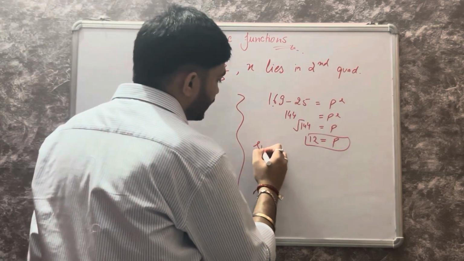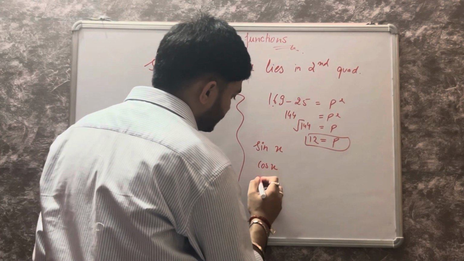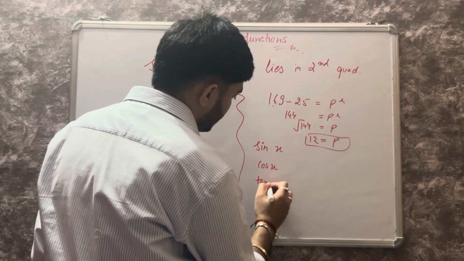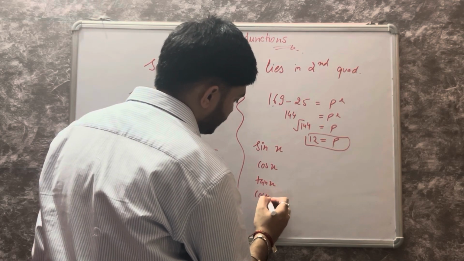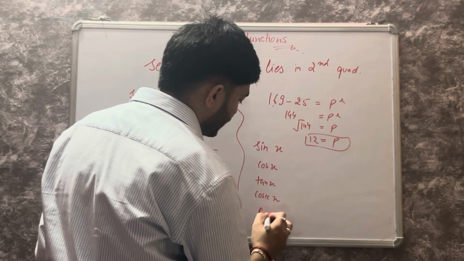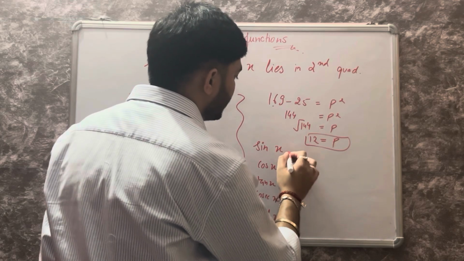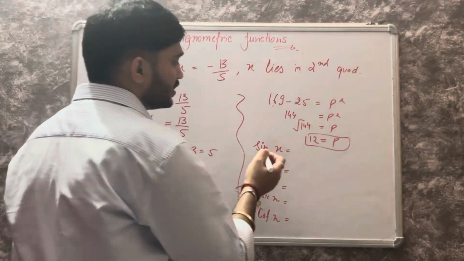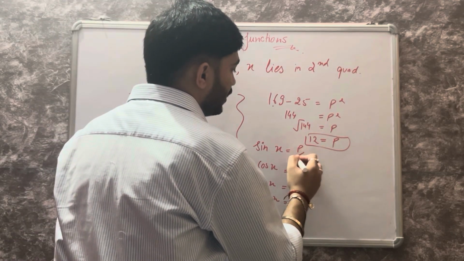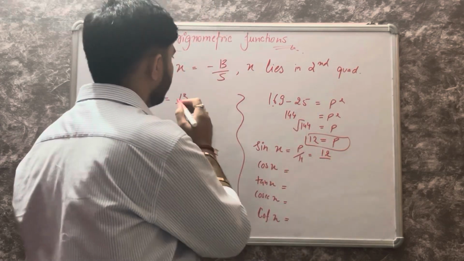Now we are going to find the value of sin x, cos x, tan x, cosec x, and cot x; sec x we already have. How are we going to find it? As already mentioned, sin x is perpendicular upon hypotenuse, so it will be 12 upon 13, the hypotenuse value.